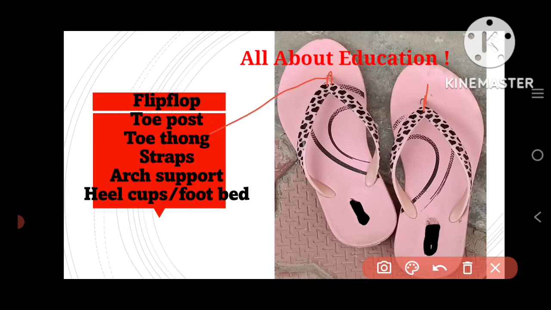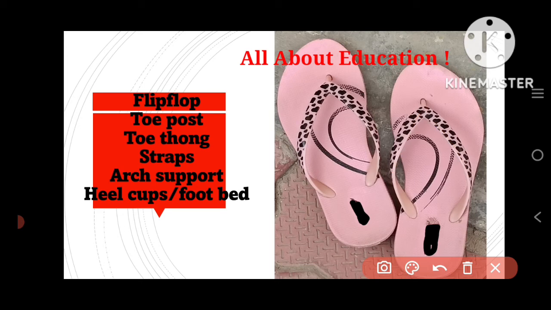The hole is toe post, the elongated part is toe thong, and these are straps. So I hope you understand what is toe post, toe thong, and strap. There are three parts: the hole, then the elongated part, and then these straps.